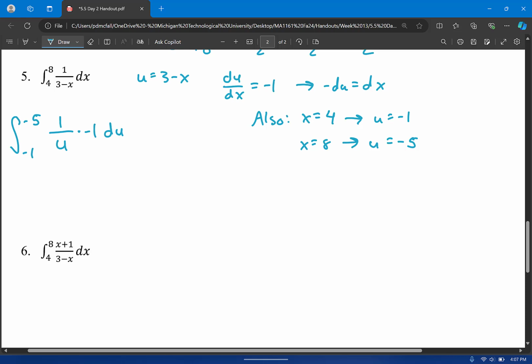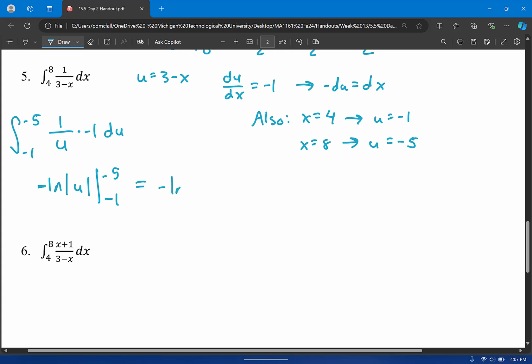The antiderivative of 1 over u is natural log of absolute value of u. And we still have that times -1 as the constant multiple. Let's put that out front. Negative natural log of absolute value of u. We've got to plug in -5, plug in -1, subtract the two.